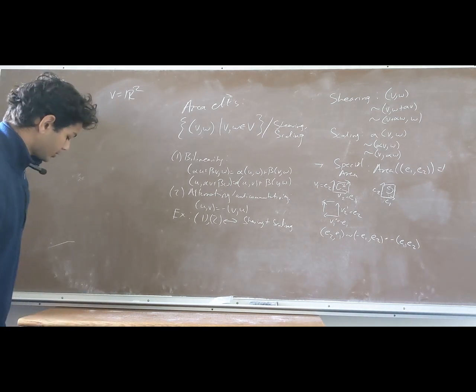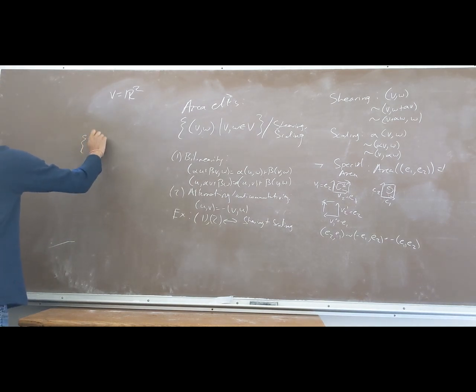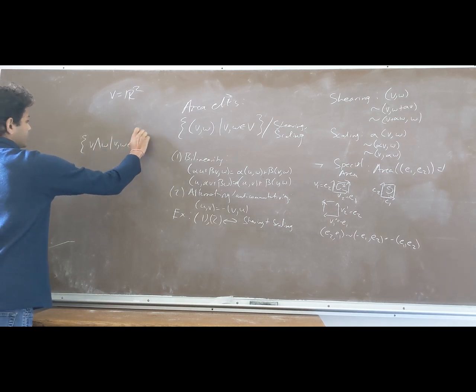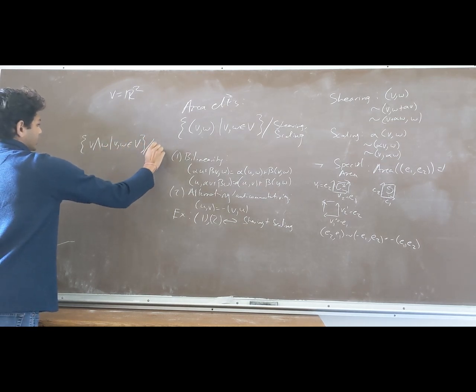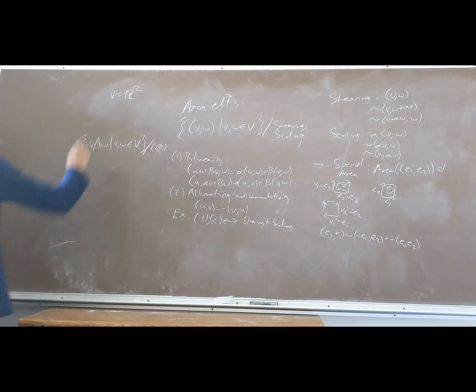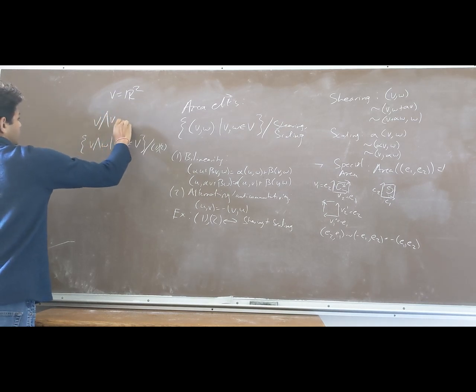So the way that people usually define area elements is by taking the pair v wedge w, such that v and w again are in the vector space, modulo these axioms 1 and 2. And people usually write this as v wedge v, or sometimes as lambda 2 v.